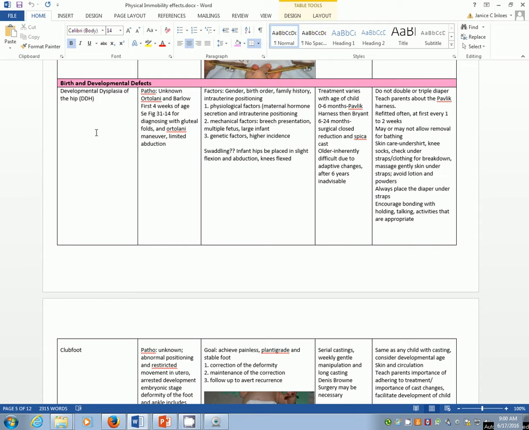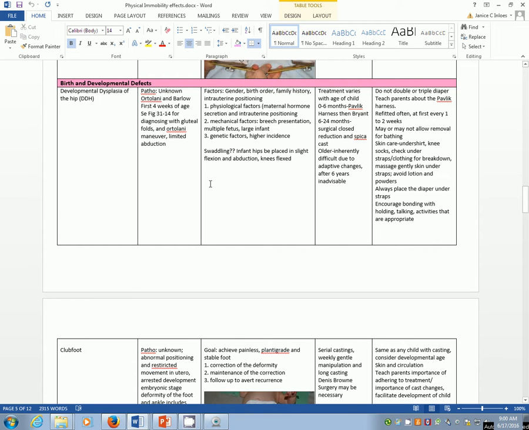So the audible click is what you're looking for. With the Barlow, you can put their knees together, and usually one knee is shorter than the other, so that you actually are seeing a shorter femoral bone there. So those are the ways that you should tell.